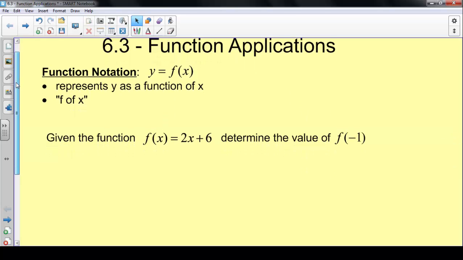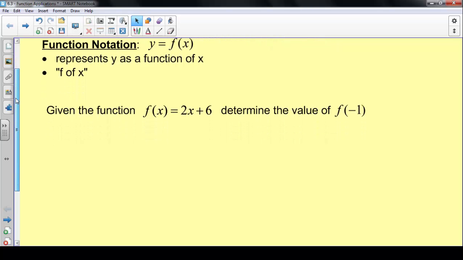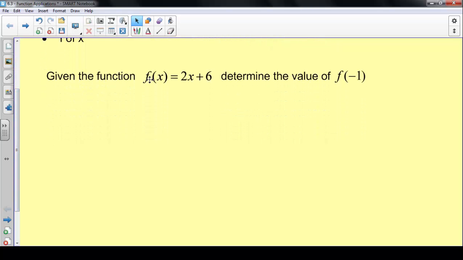So the first one, just practice using them. When we see that this function is f of x equals 2x plus 6, we're trying to figure out the value of f of -1. All this means is that, notice here we had an x and an x here. So all it's saying is wherever we used to see the x, we're going to now use this -1.